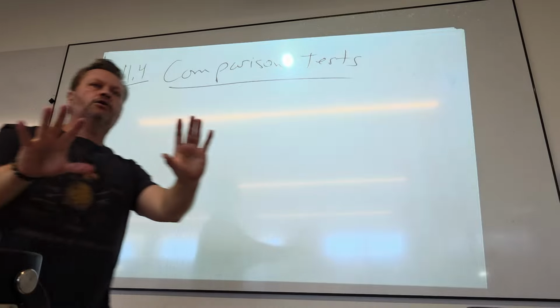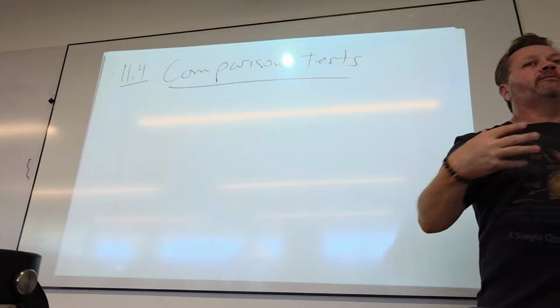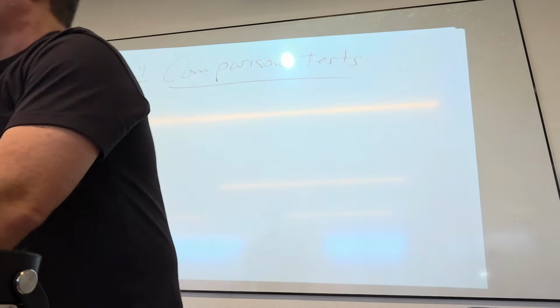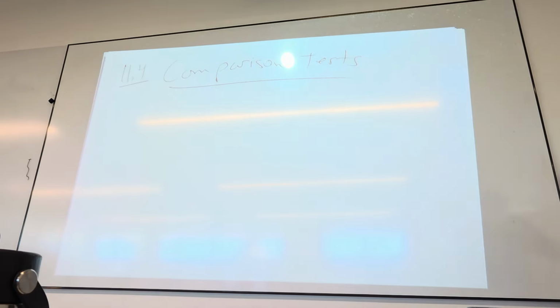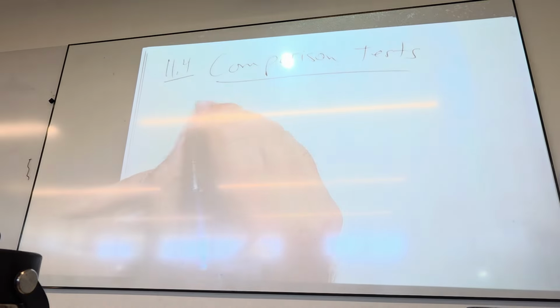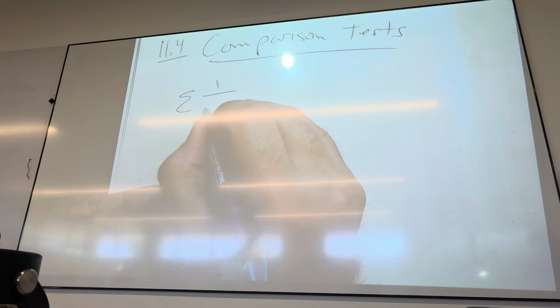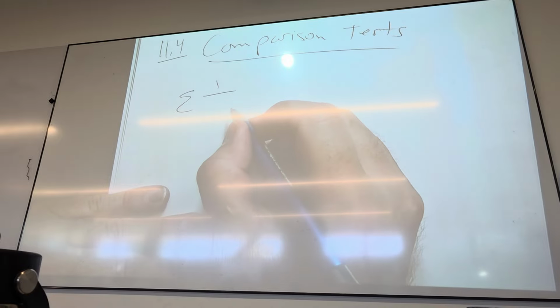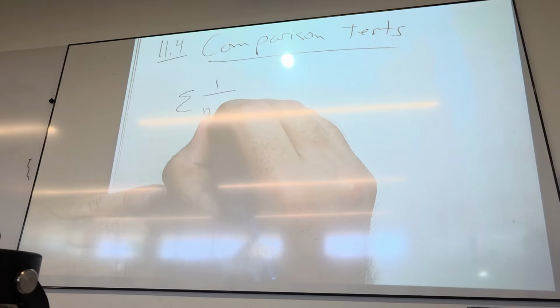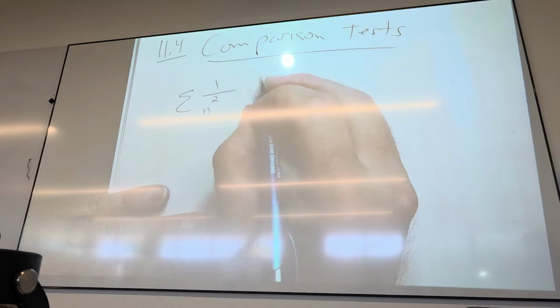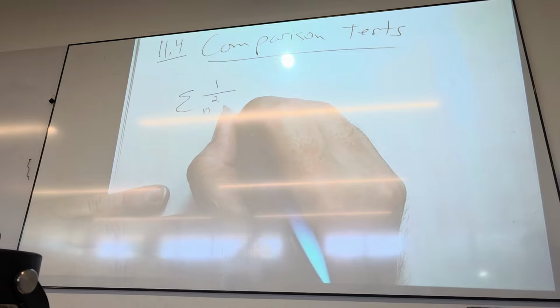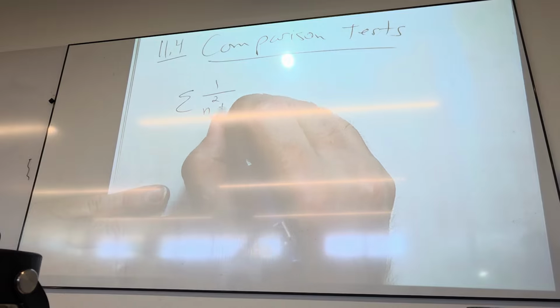So what does that look like in terms of a problem we're going to get? What if I had to figure out the sum of 1 over n squared plus 1?